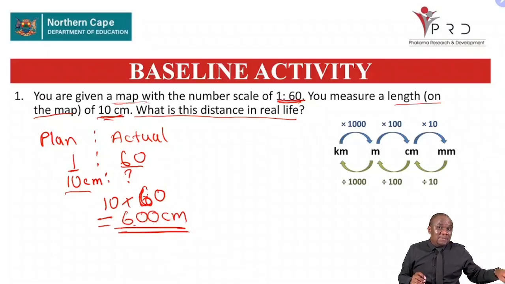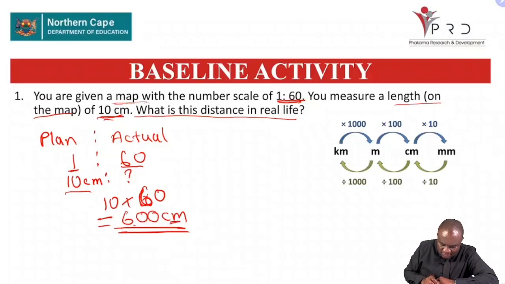There are many centimeters in a meter. There are many meters in a kilometer. So now we have to multiply. From a bigger unit to a smaller unit, we multiply. From a smaller unit to a bigger unit, we divide. So now we're converting centimeters to meters. We are dividing by 100.